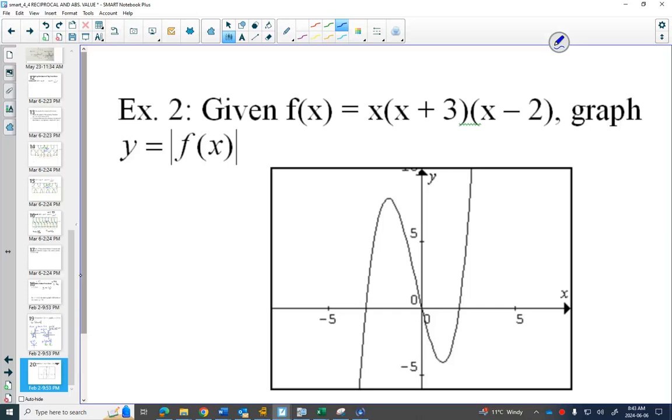So here's f of x, and I'll give you time to graph it out here. It's a polynomial function in factored form, so you would know that there were x-intercepts at (-3, 0), (0, 0), and (2, 0).